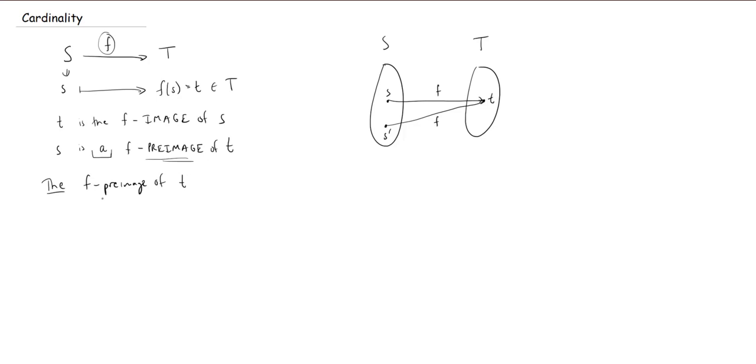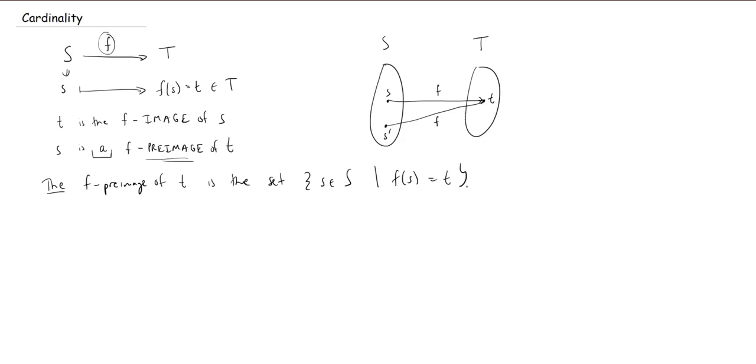Okay, so the f preimage of t is the set containing all elements in S such that f of s equals little t. All right, so usually the context helps you decide whether you're referring to the set of preimages or an element which is a preimage.